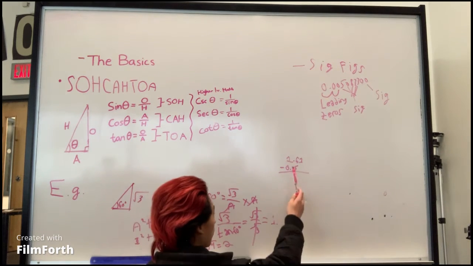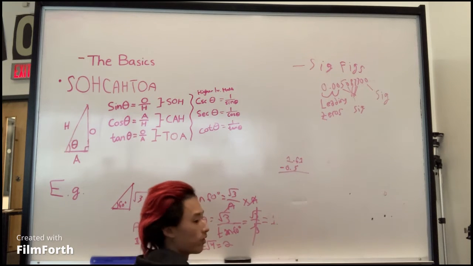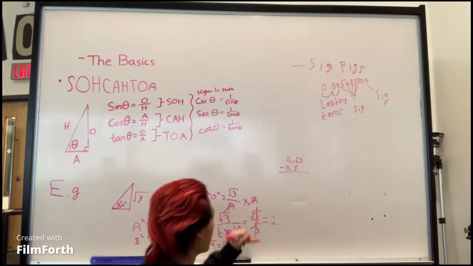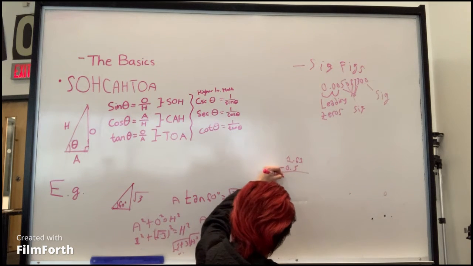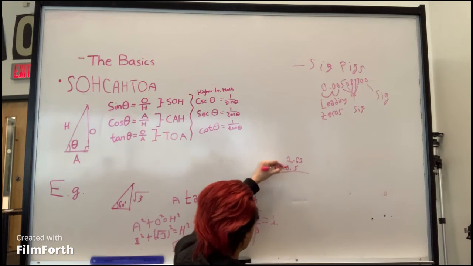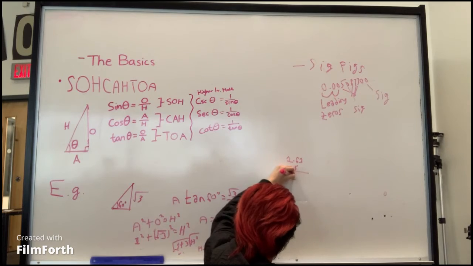So I noticed how 1.61 goes to the 100th place, whereas 0.5 goes to the 10th place only. Therefore, my answer will go to the 10th place. 1.61 minus 0.5 gives me 1.11. However, because of the rules for sig figs for adding and subtracting, our answer will be 1.1.